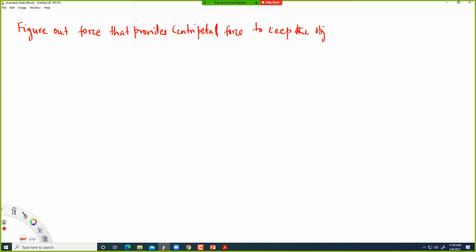I'll emphasize this again and again: our main problem here is to figure out the force that provides the centripetal force to keep the object in a circular track.